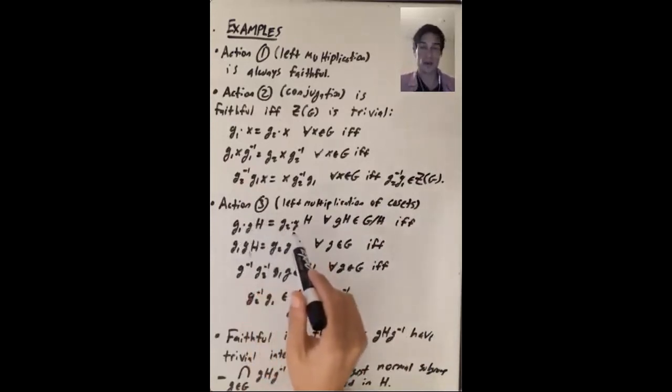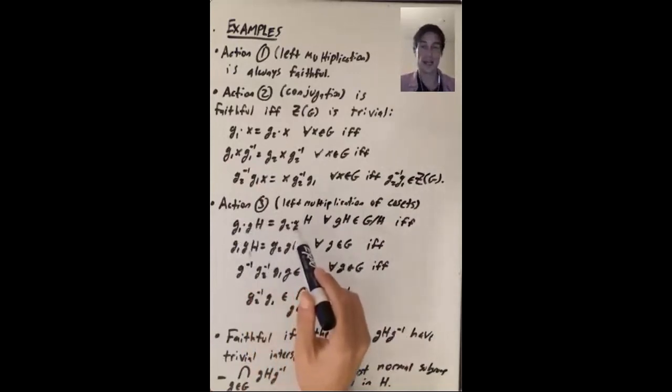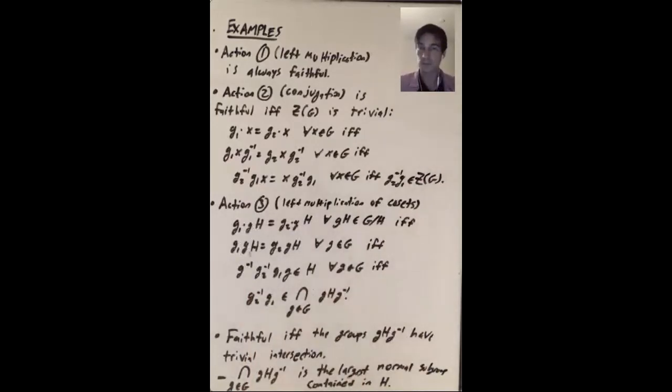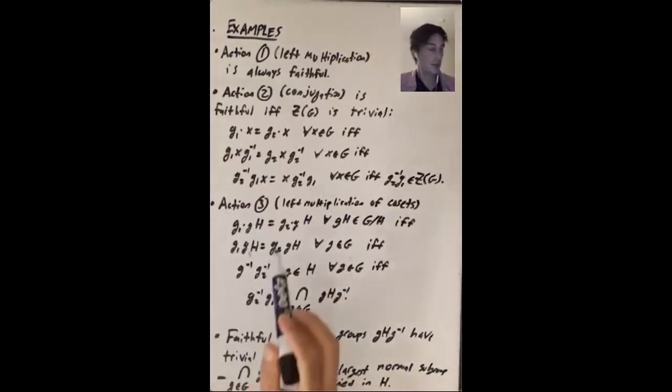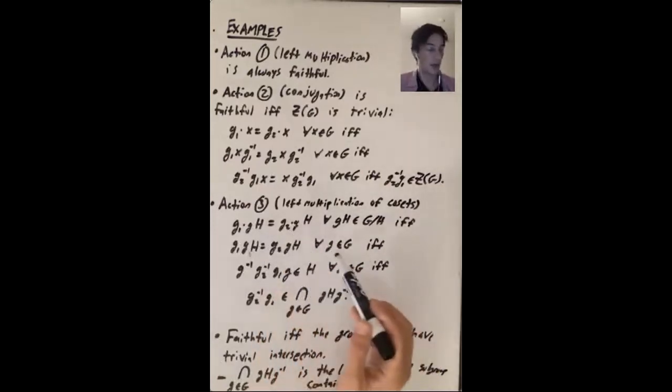So if this first line holds, then it continues to hold if you change the representative of the coset from little g to some other element in that same coset. Nothing changes. And the left cosets of H in G partition G. So if this statement holds for every left coset, then the second statement holds for every g in the group.